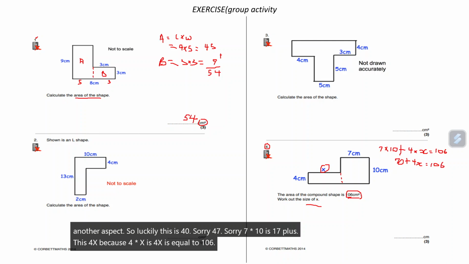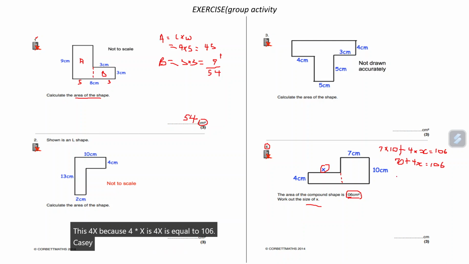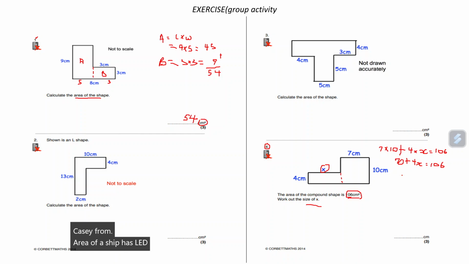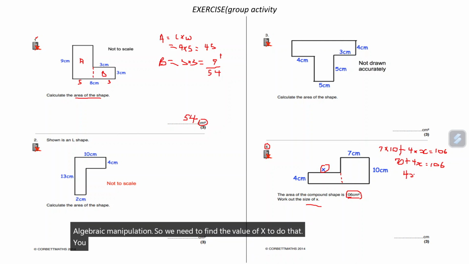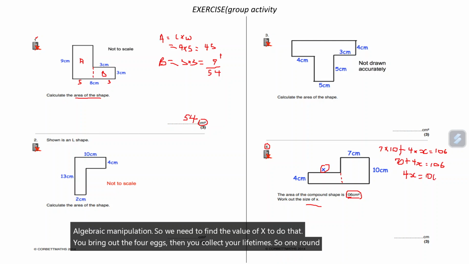Okay, see, from area of a shape has led us to algebraic manipulation. So we need to find the value of x. To do that, you bring out the 4x, then you collect your like terms, say 106.